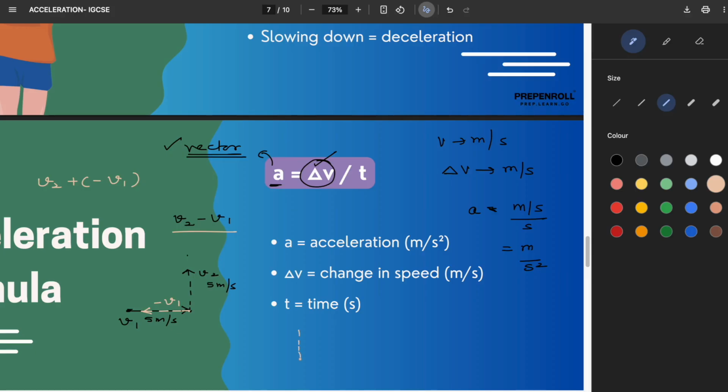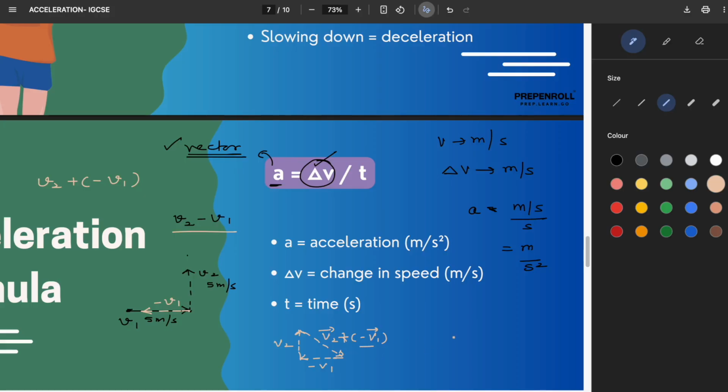So you have V2 and then you have minus V1, correct? And the resultant here would be V2 plus minus V1, because resultant means you are adding up the two vectors, correct? That is V2 minus V1. You can skip this part if it is not required, because it is not required at IGCSE level.